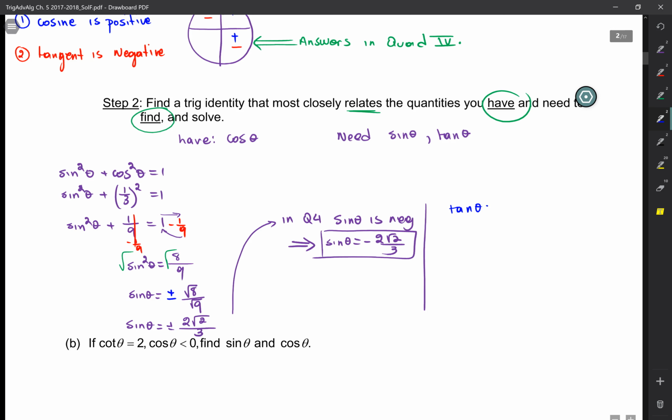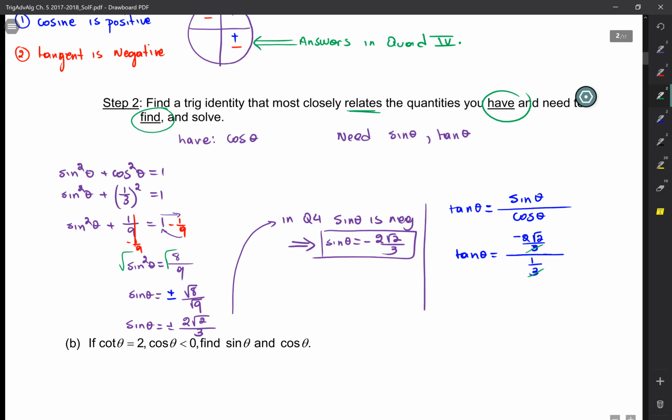So let's see how we're going to find tangent of theta. Okay, what do we have so far? We have sine and cosine. Well, what's tangent? Yeah. Tangent is sine theta over cosine theta. So tangent is sine theta, negative 2 root 2 over 3, over cosine theta, 1 over 3. What happens here? You guys know this.